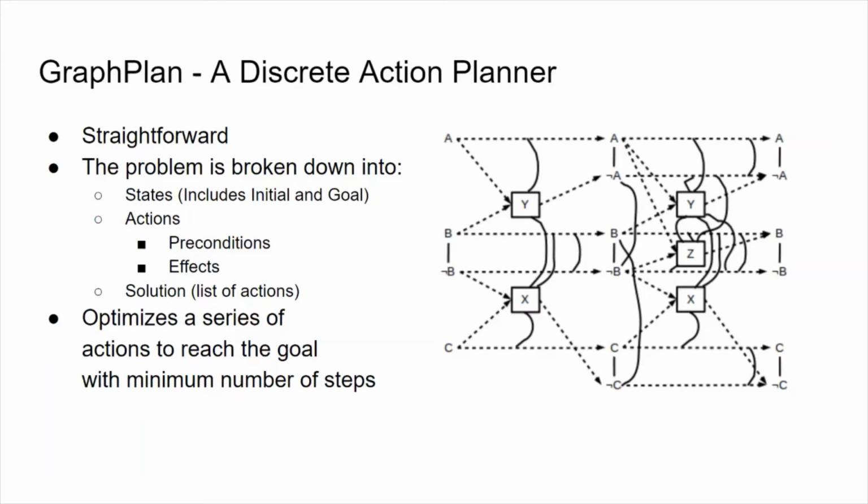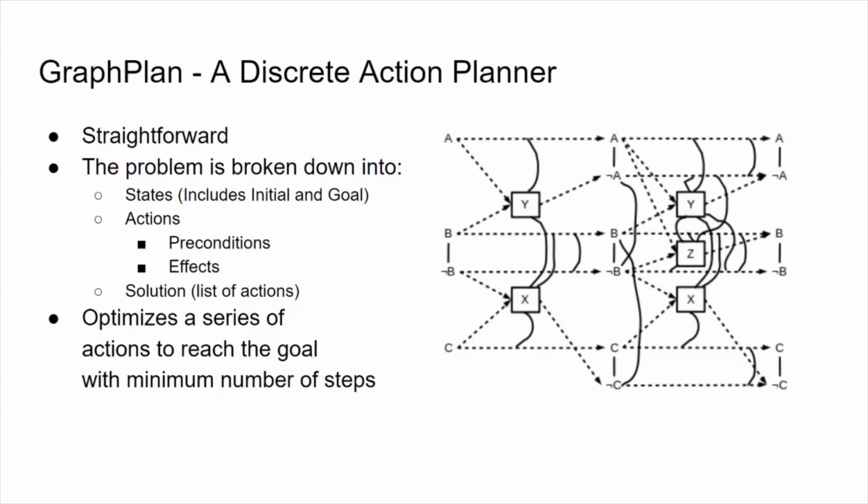GraphPlan also includes a set of actions. In this example, these X's and Y's are the actions, and each of these actions has preconditions and desired effects. In this graph, we have lines that go to these actions that are the preconditions, and then the desired effect, which would be, given that A and B exist, this action will result in A not.